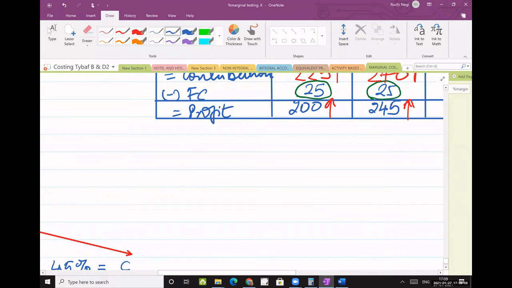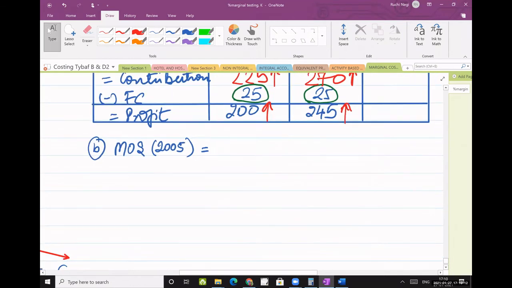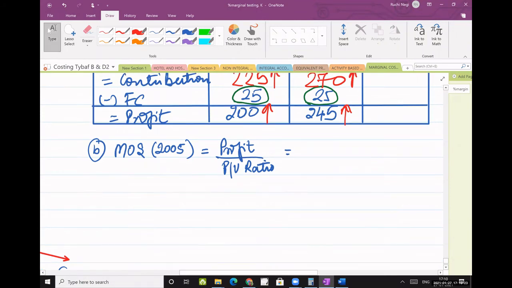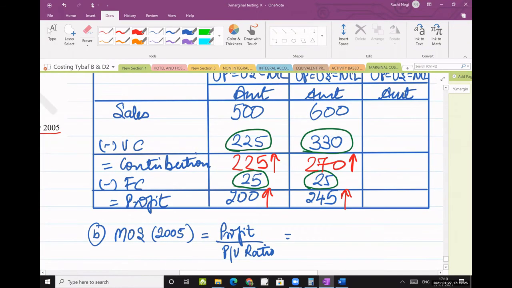So MOS for 2005. The formula is profit upon PV ratio. How much is my profit in 2005? 200.